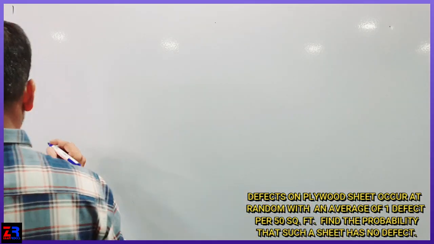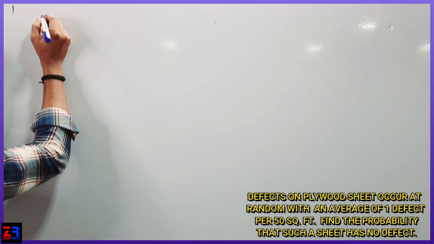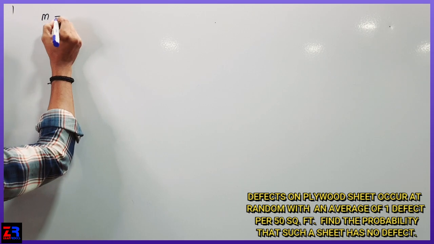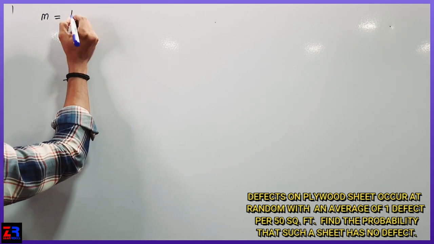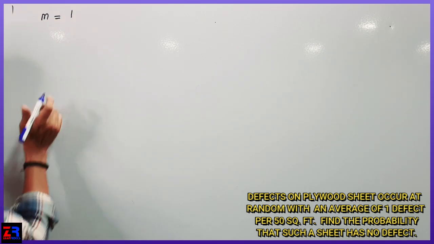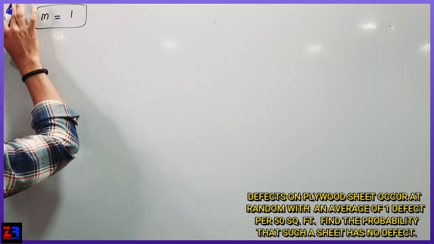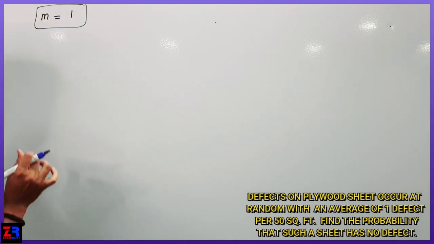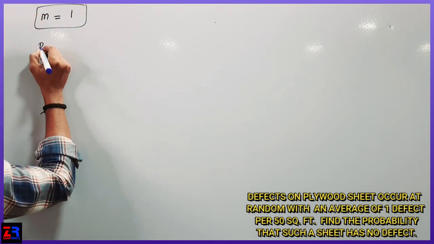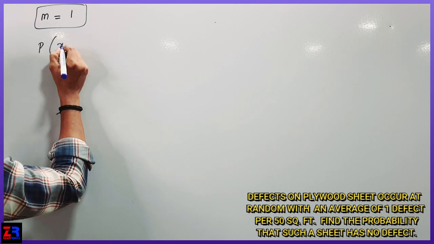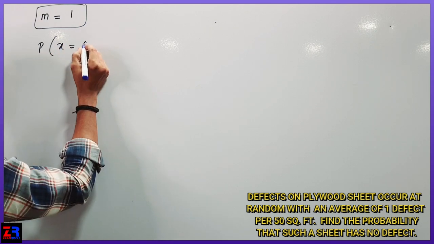Now here, parameter is m, that is one defect. We are supposed to find probability that the sheet has no defect.